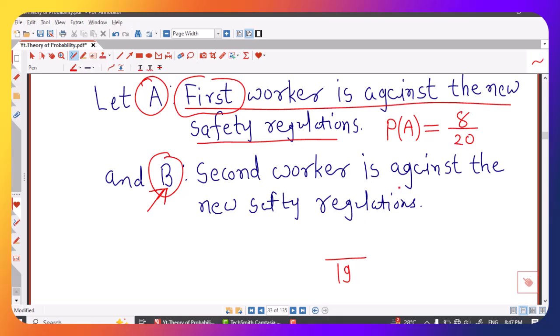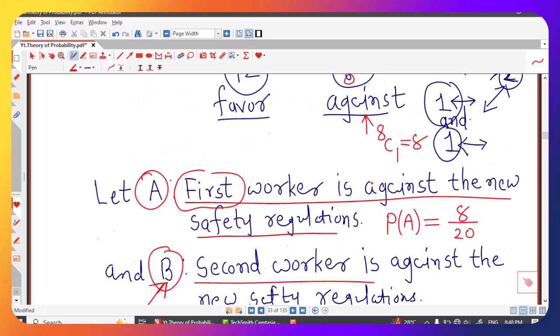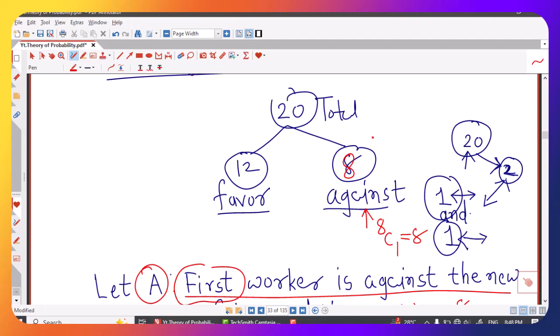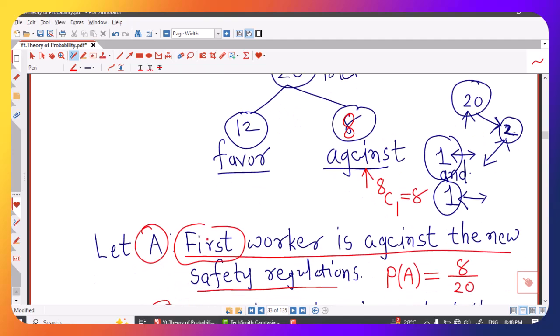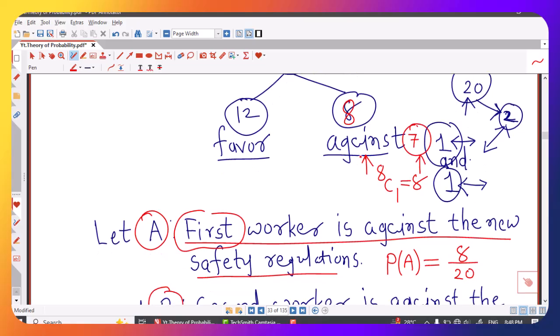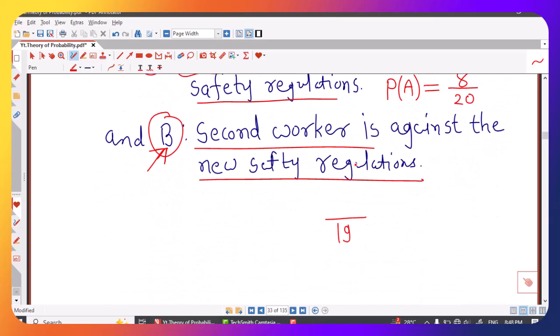And here also I am interested in the event that the second worker is against the new safety regulations. And here we can see there are 8 workers who are against the new safety regulations. And in event A, we have considered that the first worker is against the new safety regulations, so this number will also be reduced by 1. Now we will have 7 workers who are against the new safety regulations.